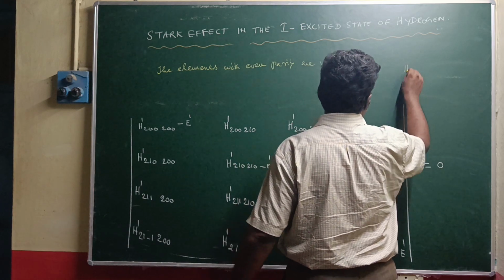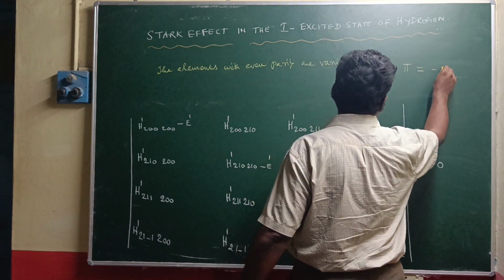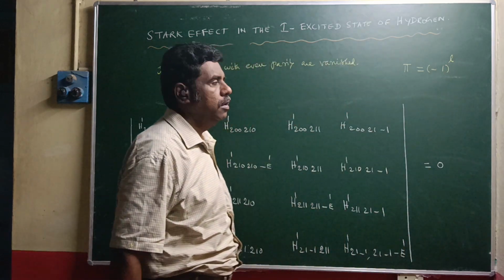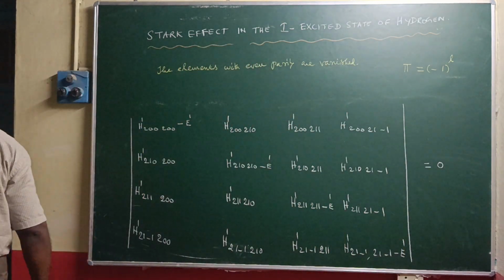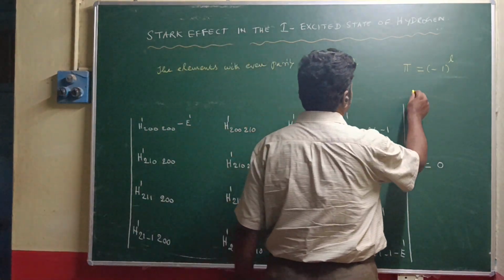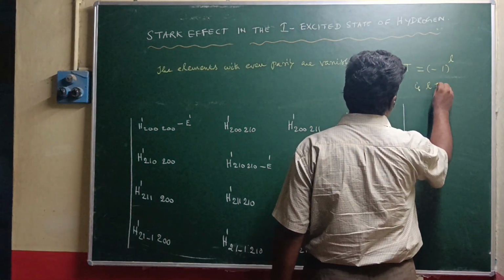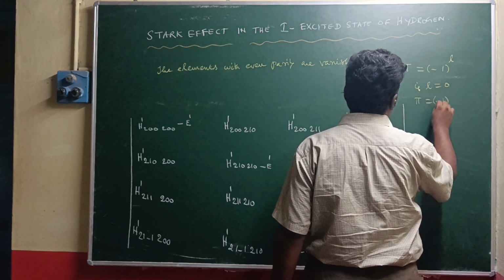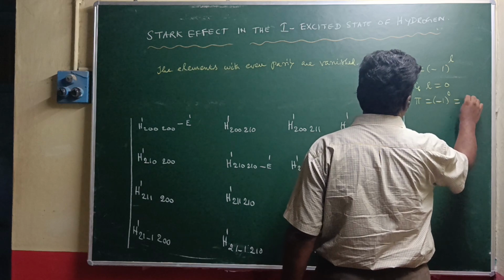You know that parity is given by the formula (-1) power L, where L is the orbital angular momentum quantum number. Suppose L equal to 0. If L equal to 0, pi equal to (-1) power 0, which is equal to plus 1.